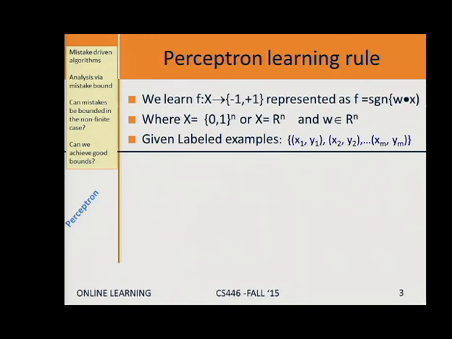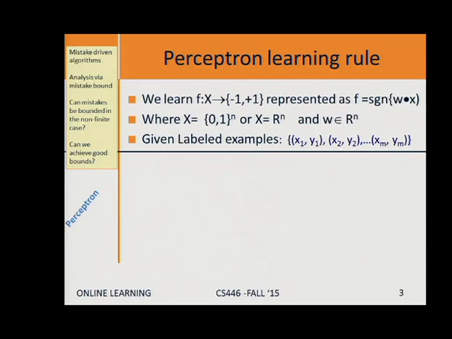Before we get to details, I want to place it in the position of where we left off, or what issues we discussed last time. One issue is that we're talking about a mistake-driven algorithm. The algorithm is not going to change its hypothesis every time it sees an example, but rather only when it makes a mistake. You take an example, you make a prediction using your current hypothesis. If it's okay, you don't change it.